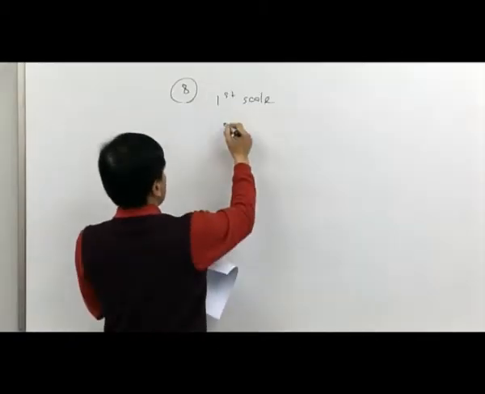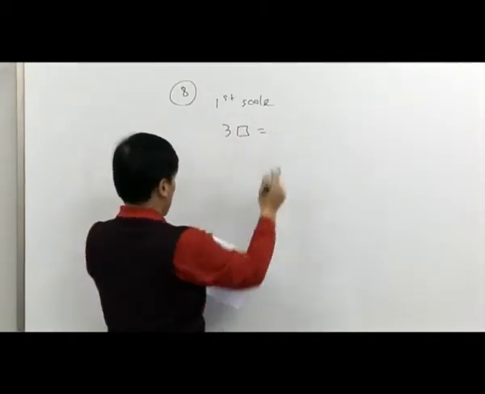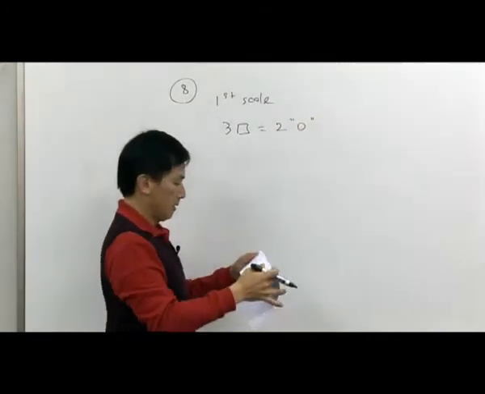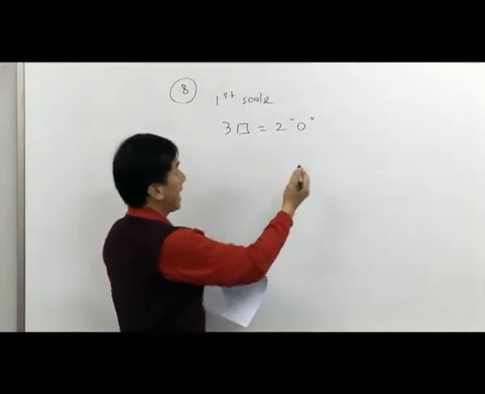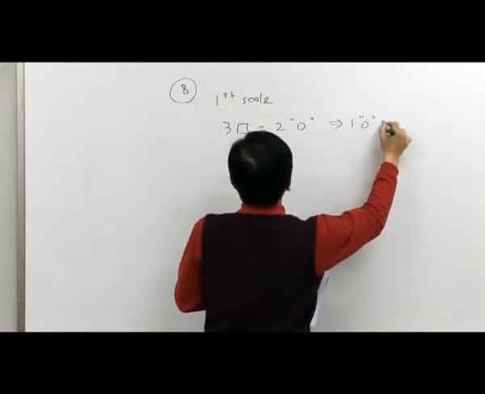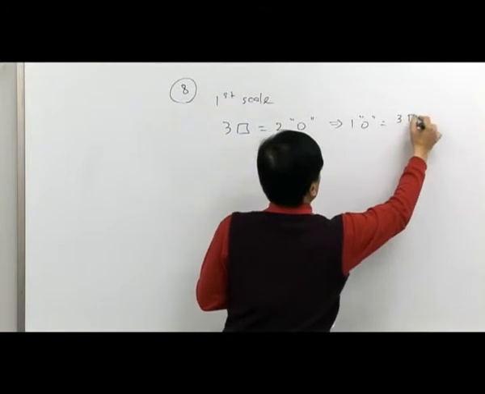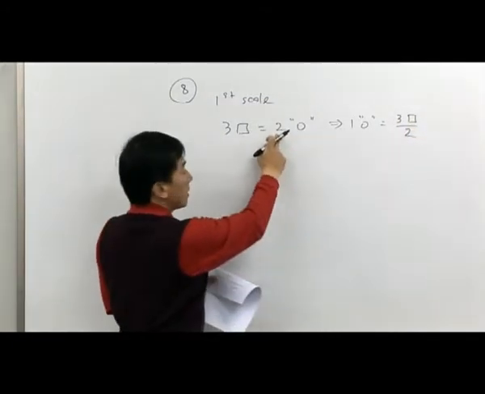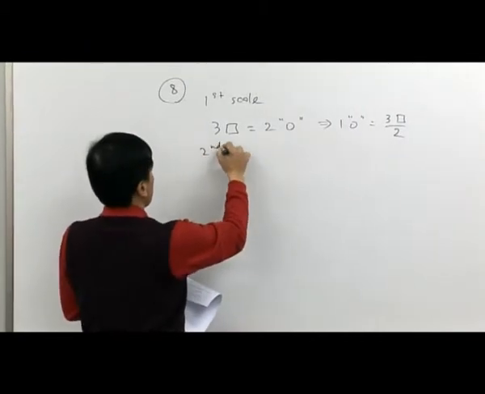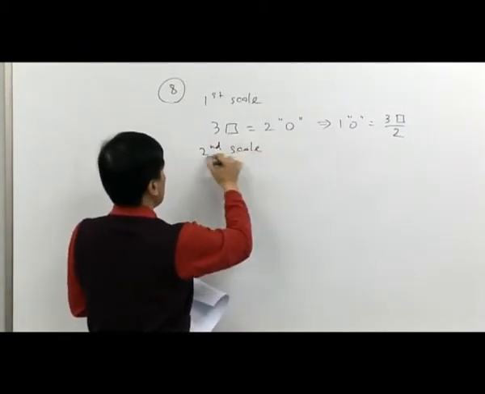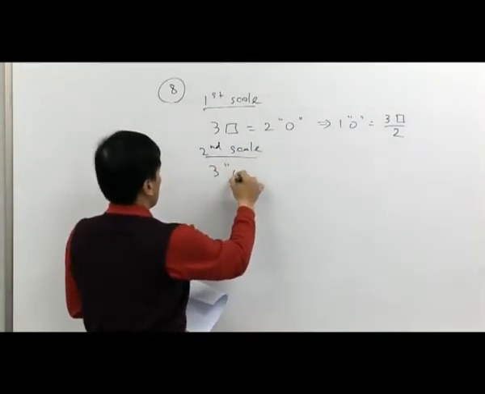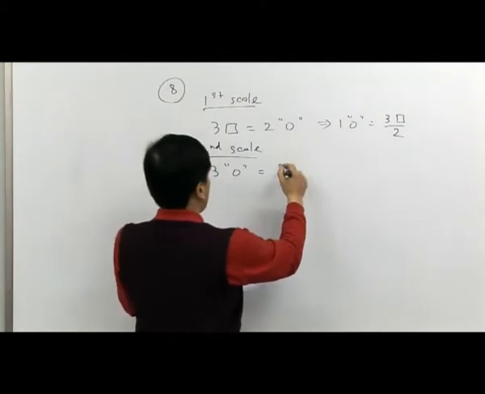We've got 3 squares equal to 2 circles. So from this we can formulate that 1 circle equals 3 squares divided by 2. We divide both sides by 2. Now let's have a look at the second scale. We've got 3 circles equal to 1 hexagon.